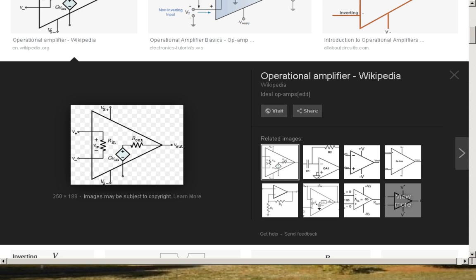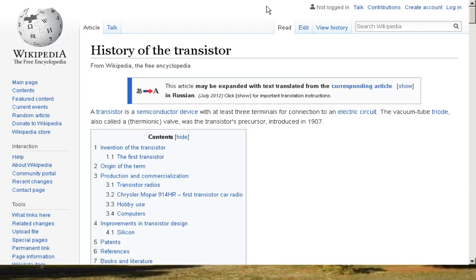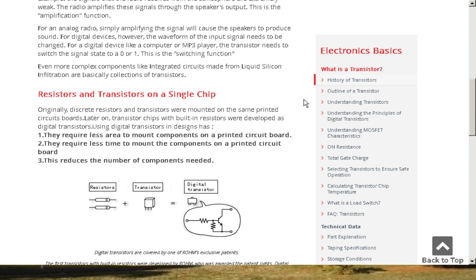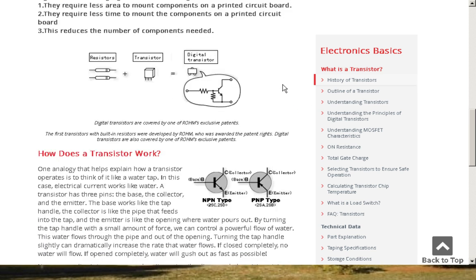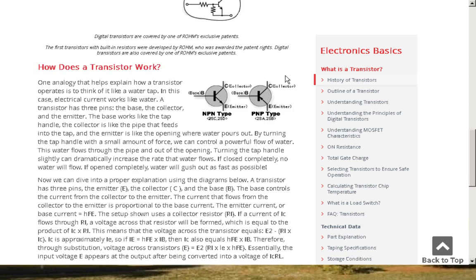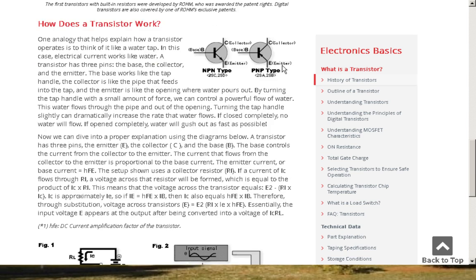So getting back to transistors. I'm not going to go into too much detail. There's NPNs where the emitter points out, meaning 'not pointing in'. And there's a PNP where the emitter points in, 'pointing in please'.